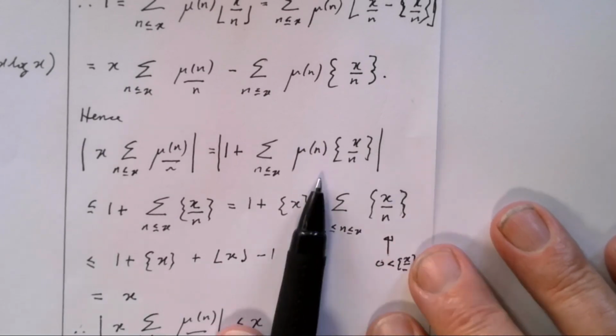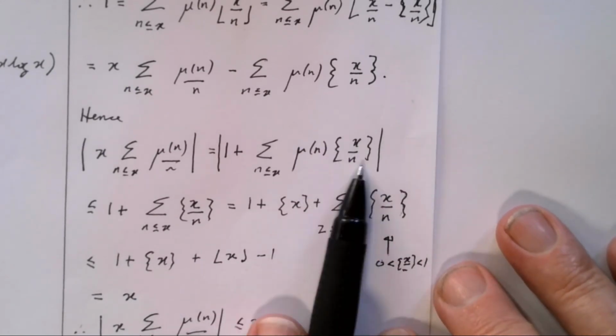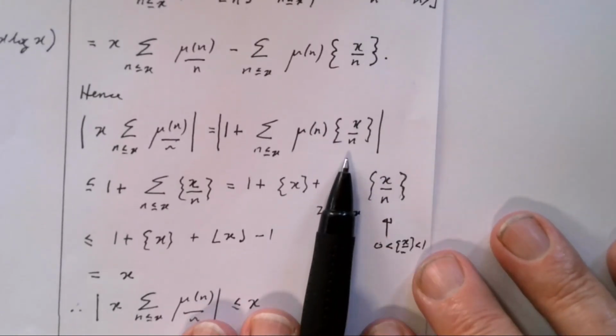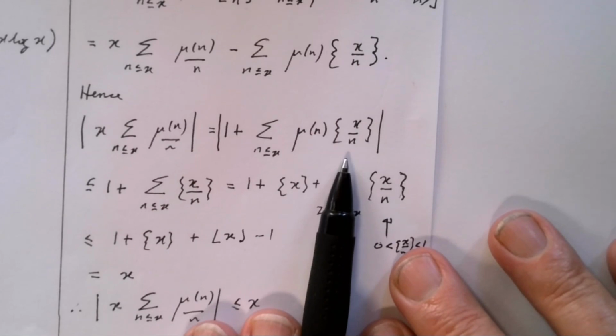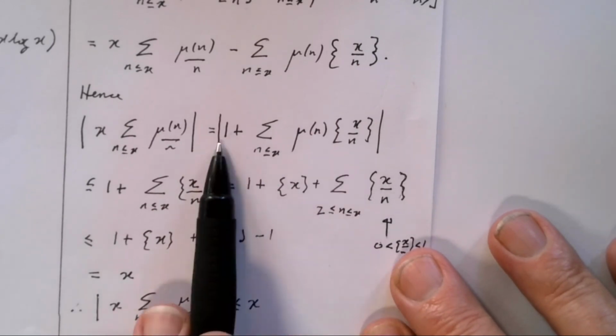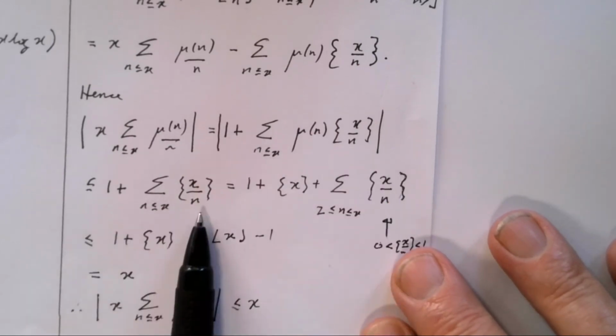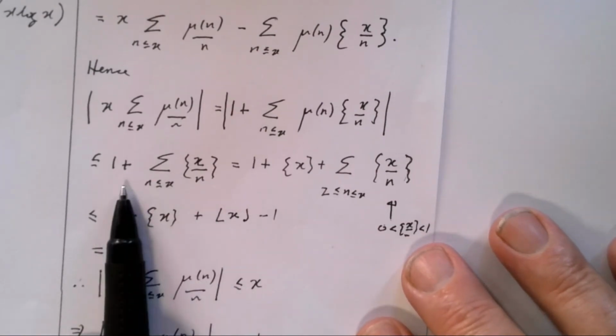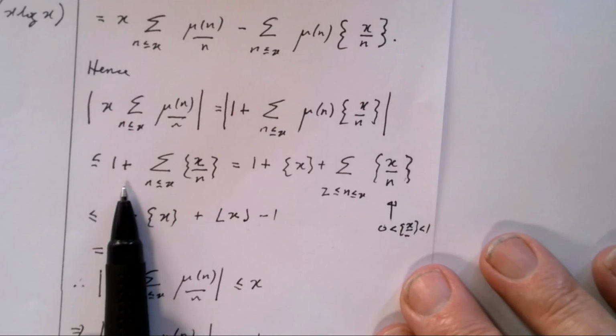Now remember that these numbers here, these are all between 0 and 1. And so I can use the triangle inequality on this and say this is just less or equal to that. Everything's positive anyway, so that doesn't matter. And this then is just 1 plus this.